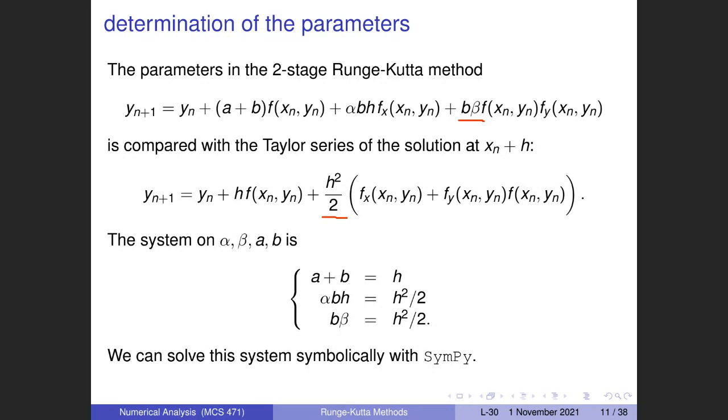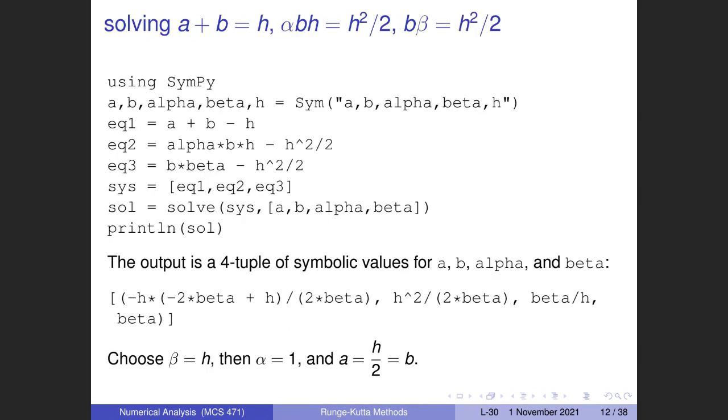We want to determine the alpha and beta, which determine our second function evaluation, and then the a and the b. All right, so time for some symbolic computation. We could do this probably also by hand, but it's actually good to look at the solution. So we have our variables, and then solve.